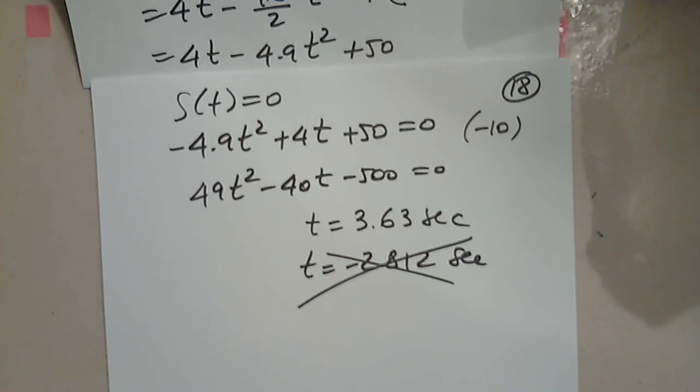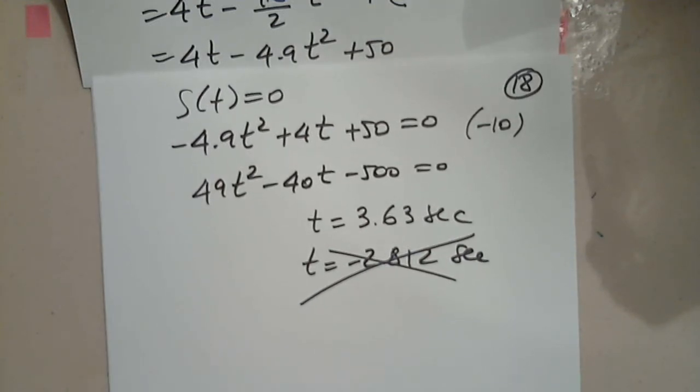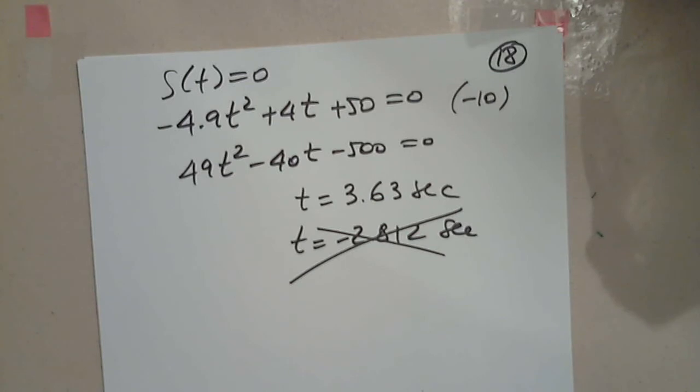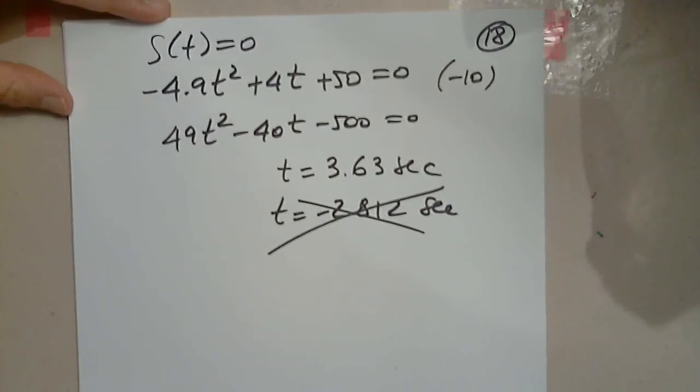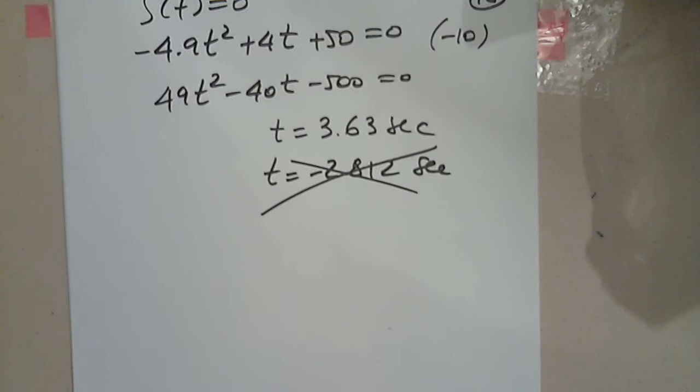Because of physics, right? So they should have given the formula for a free-falling object, but they didn't, so they're assuming that we know that. No, I will not put a problem like this on the test or final exam, I promise.